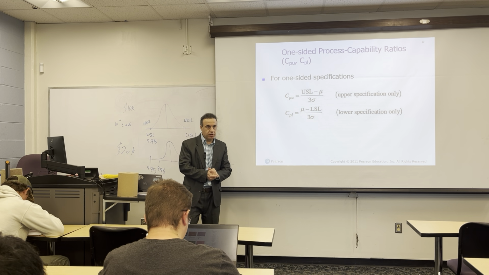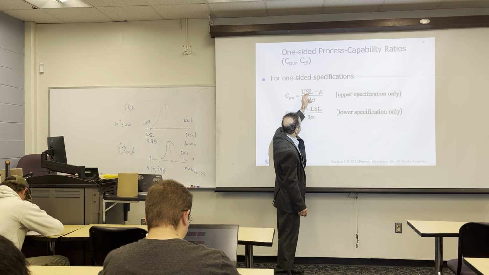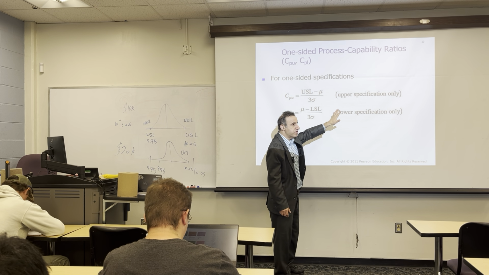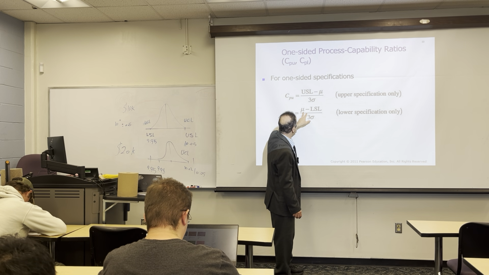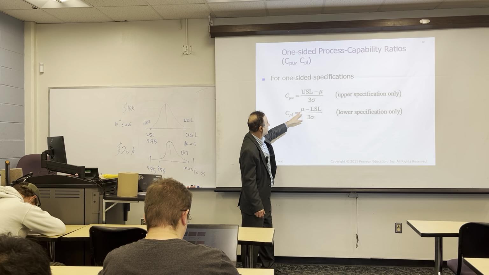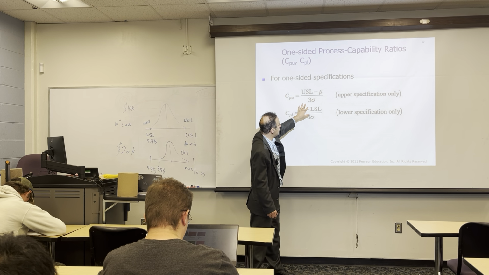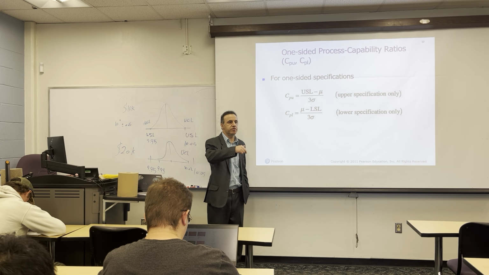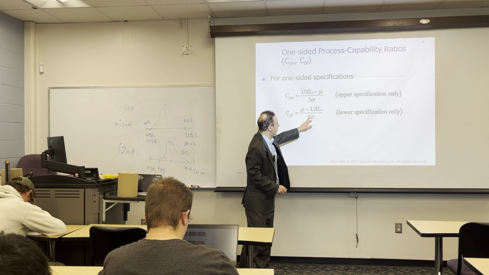You have upper specification limit minus average of your sample divided by 3 sigma, and this is for the lower specification. Okay, this is for upper specification. So the shape I showed you in the previous one was for upper specification, and this is for lower one.